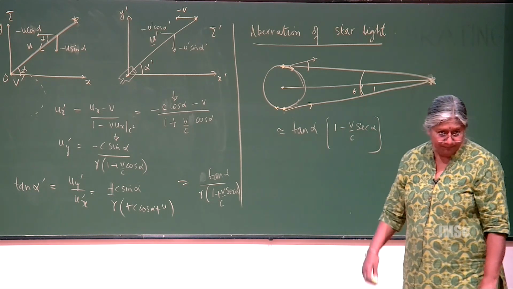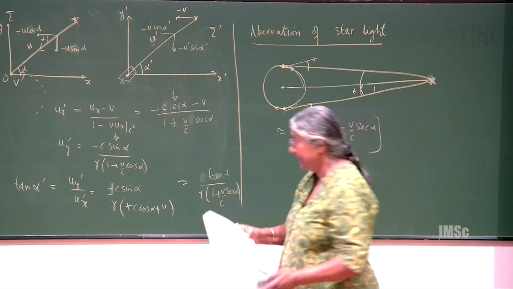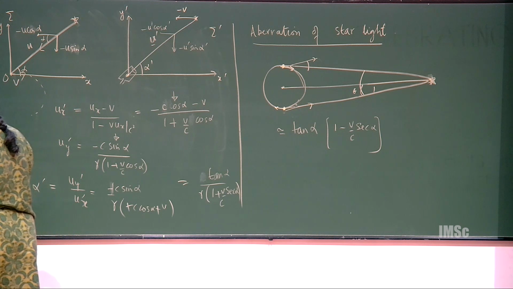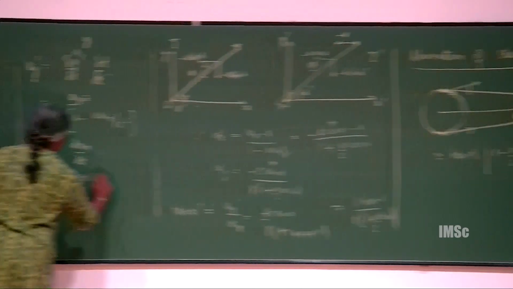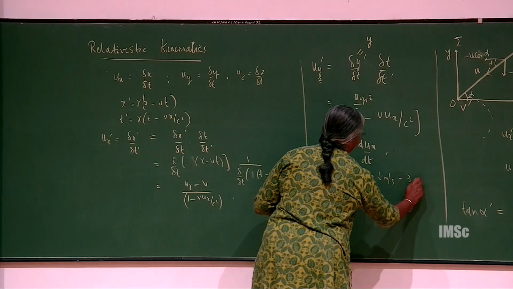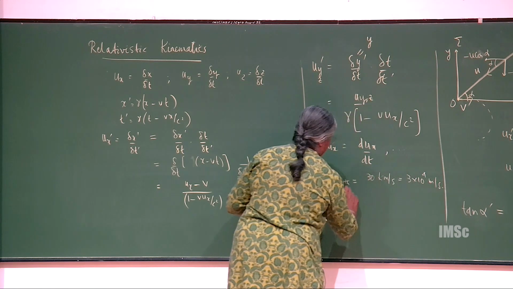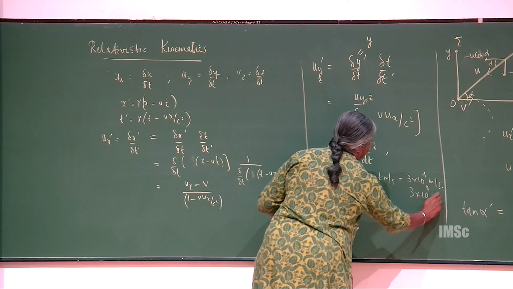What did I do with gamma? I said gamma equal to 1 because there is actually a number here. The number is the following. The earth is moving around the sun at 30 kilometers per second, which is 3 into 10 power 4 meters per second, and c is 3 into 10 power 8 meters per second.